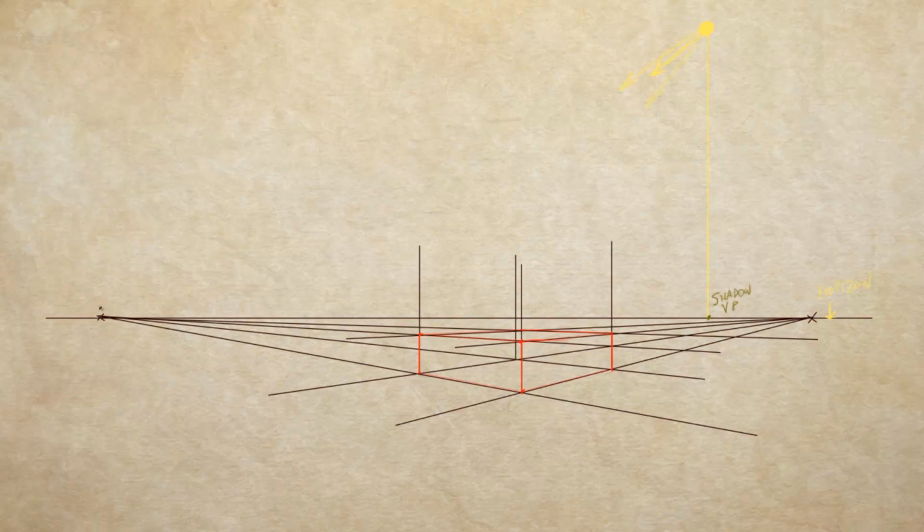So we have a vanishing point here, maybe VP1, a vanishing point here, VP2, but this is going to be our shadow vanishing point. Now you take the shadow vanishing point and you go to the corner. You make a line that intersects with the corner of the box as it is touching the ground.